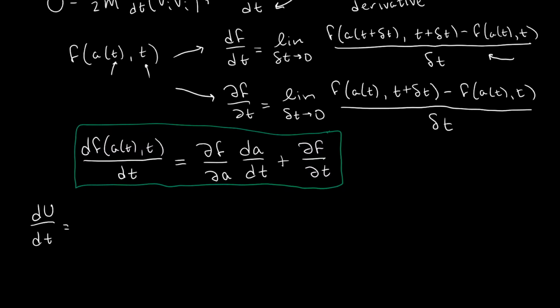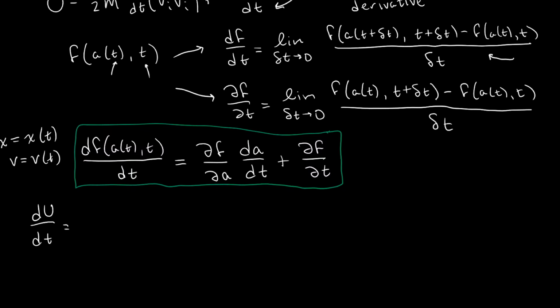Remember, we're assuming that u is some function of position, velocity, and time. So position is a function of time and velocity is a function of time. So I have to use this chain rule.